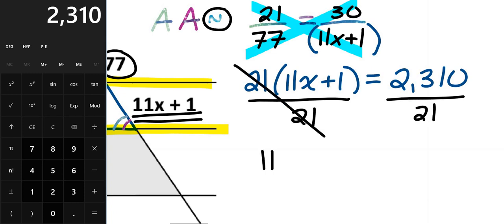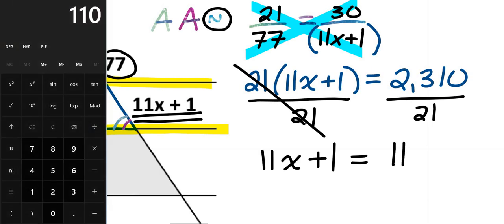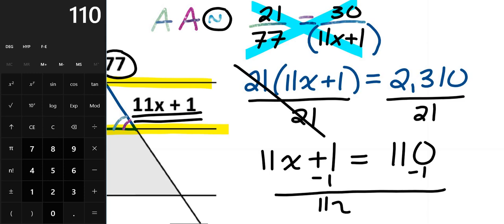Now I get 11x plus 1 equals, and in the calculator I'm going to do 2310 divided by 21 equals 110. Now subtract 1 from both sides, and we get 11x equals 109, and then we're going to divide 109 by 11.